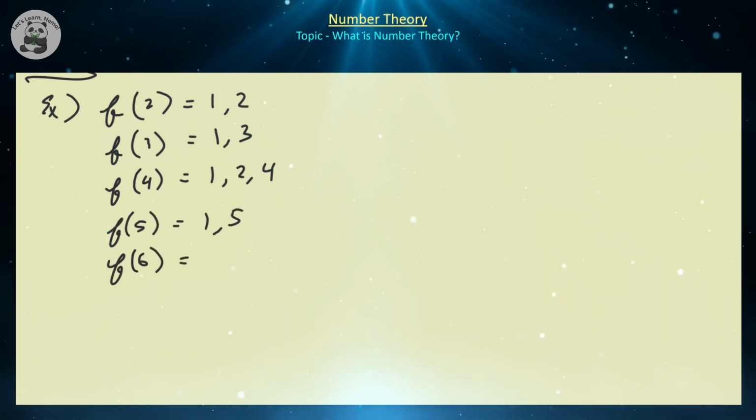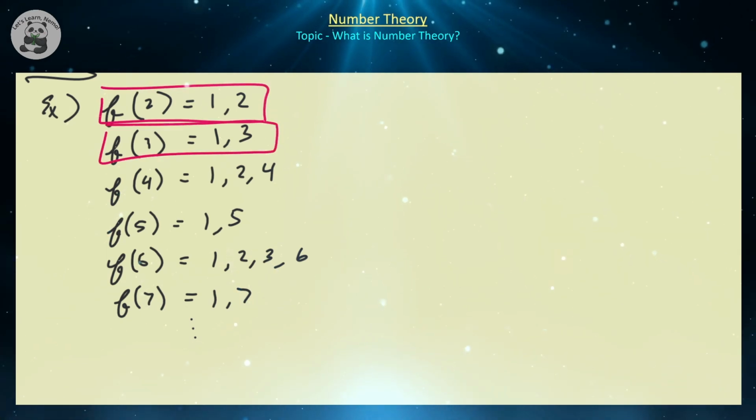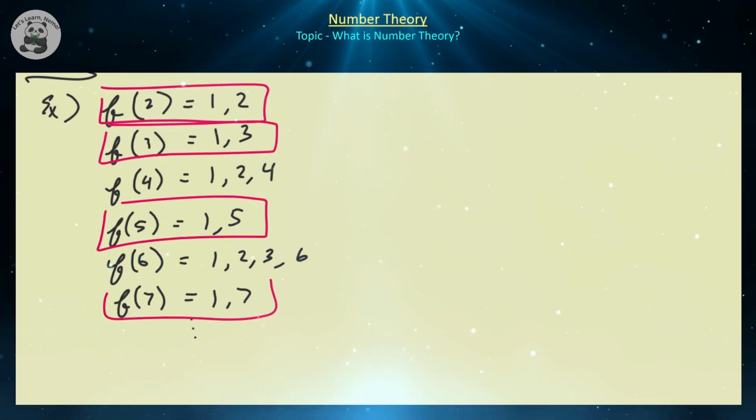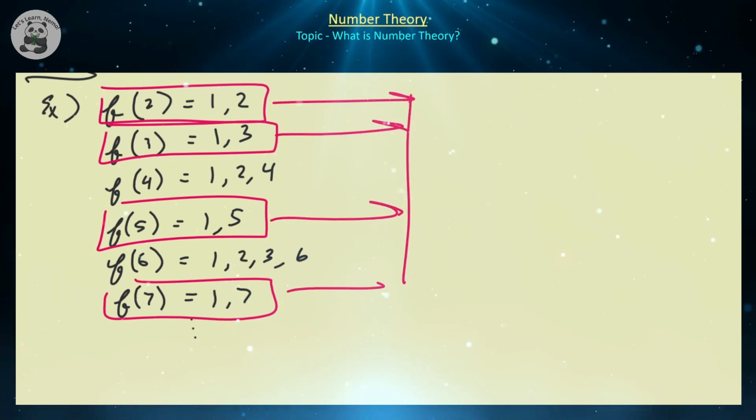Factors of 6 are going to be what? 1, 2, 3, and 6. Factors of 7 are going to be 1 and 7, and you can continue this as long as you want. So notice that we have two factors here, two factors here, two factors here, two factors here. So what does that mean for these things?